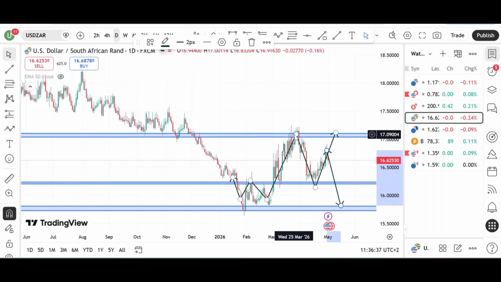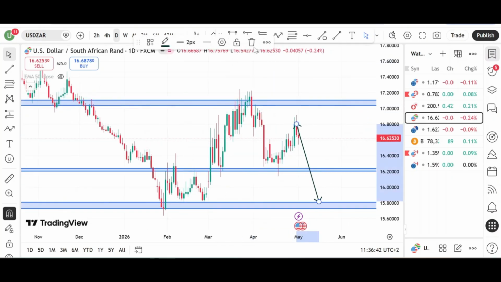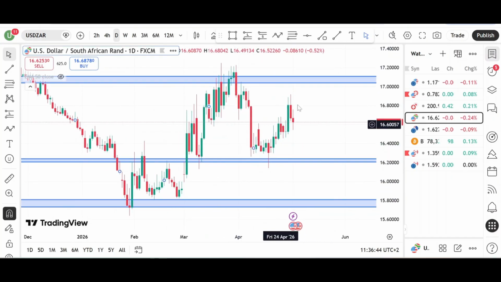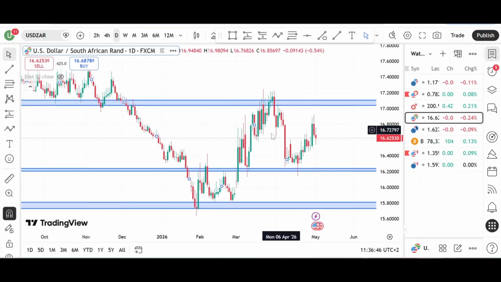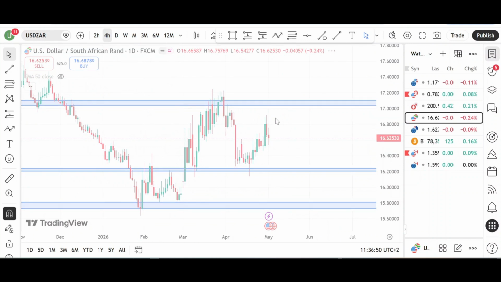Remember, overall we are in a downtrend. So we are starting to see the sellers stepping into the market, and so let's go to a lower time frame to see what is happening.